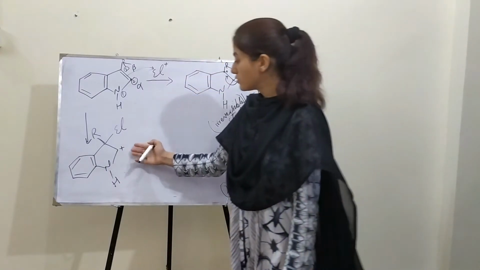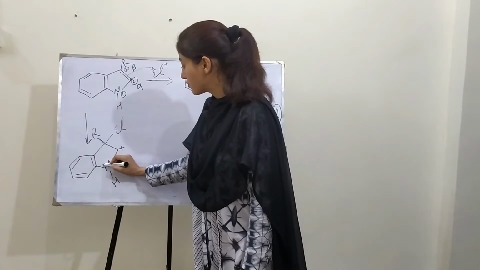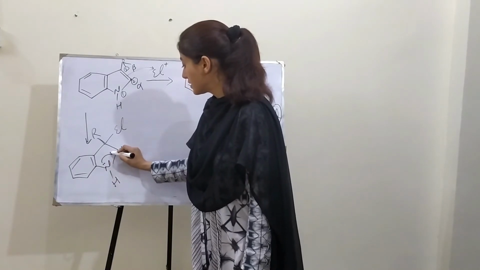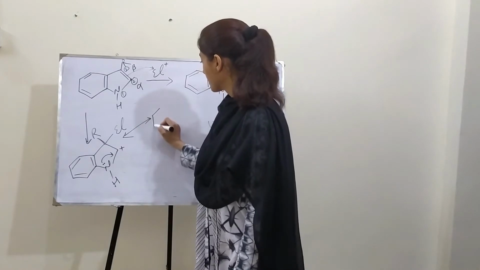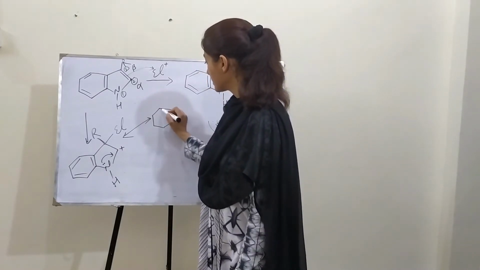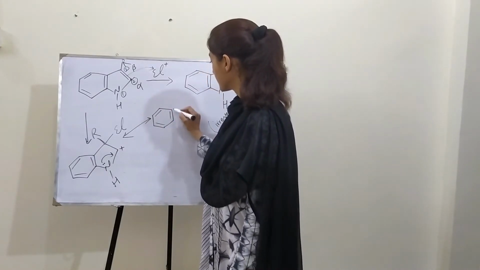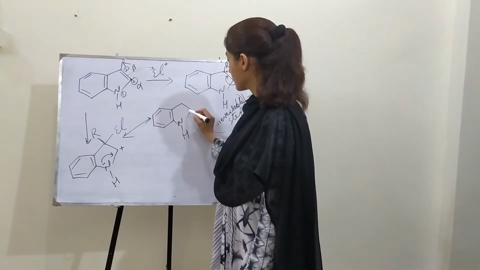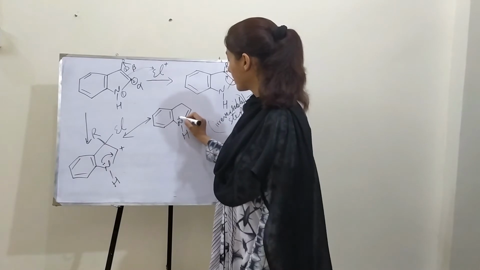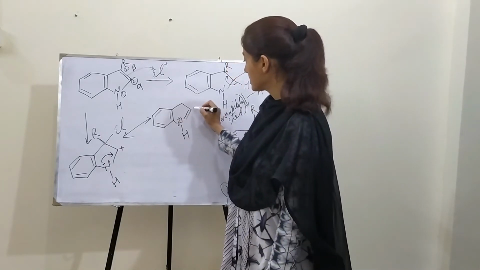Now this positive charge which would take assistance from nitrogen lone pair, it would get over here and it would form a resonating structure like this. Here there would be double bond and one positive charge on nitrogen.